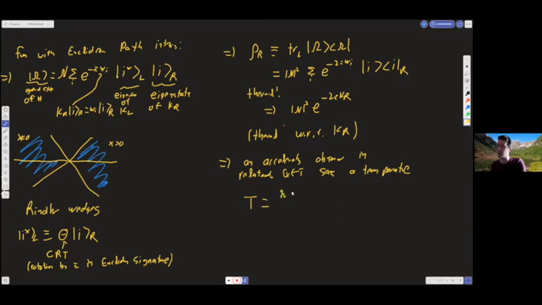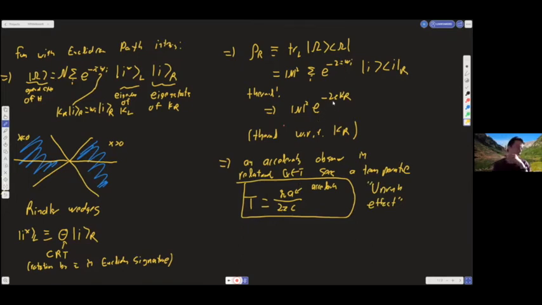I'll write the h bar and c here for you, just to be nice. This is called the Unruh effect. This 2 pi is the same as this 2 pi here. You just have to switch to the proper time of the accelerating observer, and that converts this K_R into this 1 over a.